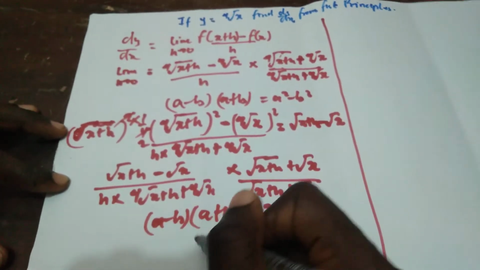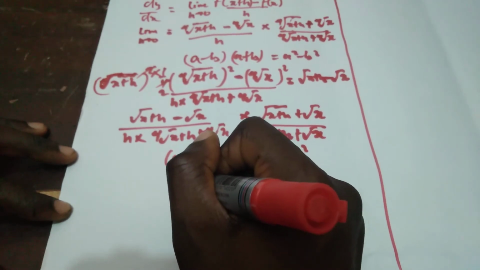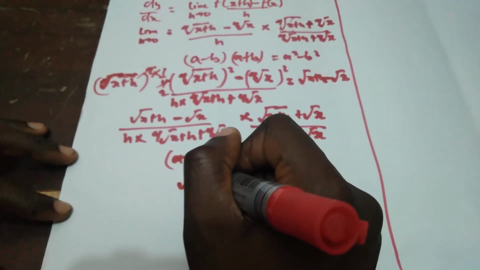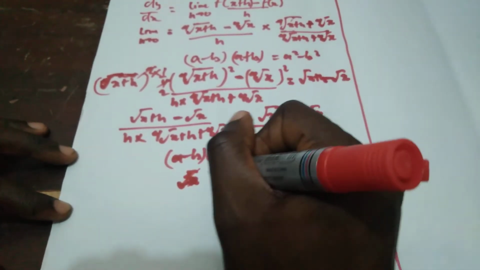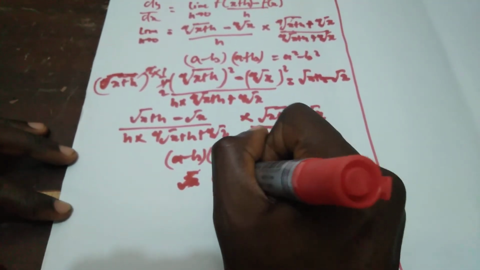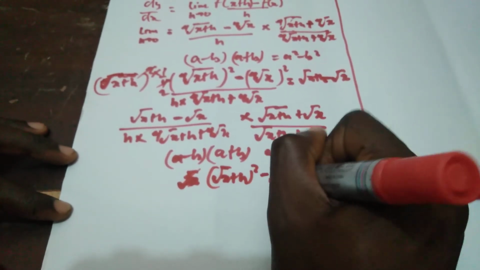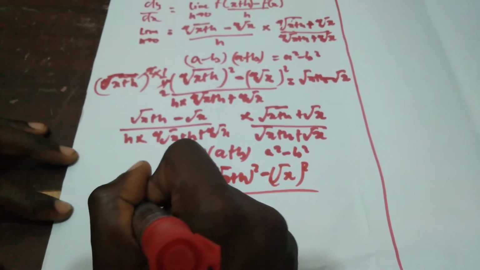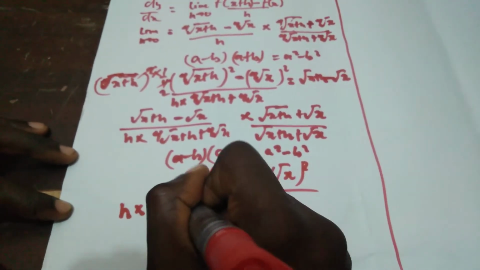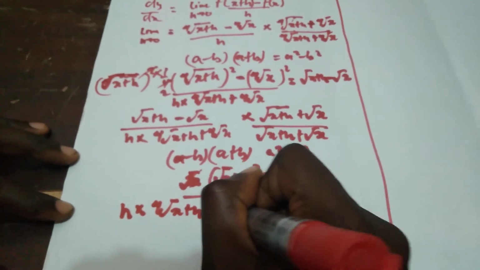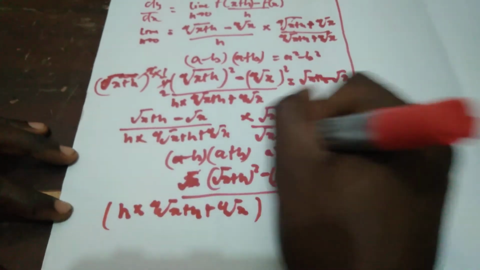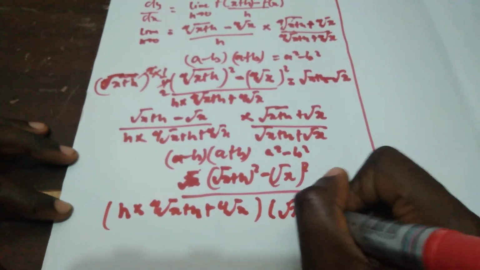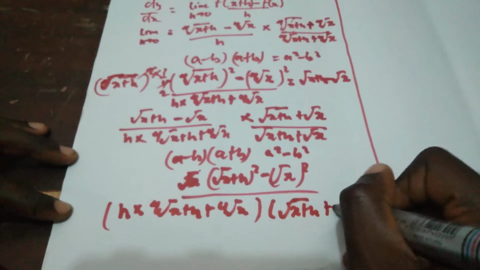So here becomes root of x plus h all squared minus root of x all squared, over h times the bracket of the fourth roots, then the other bracket, root of x plus h plus root of x.